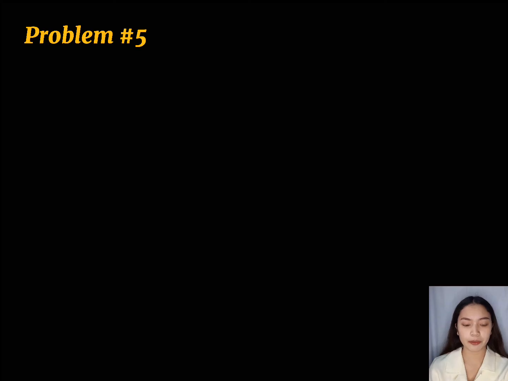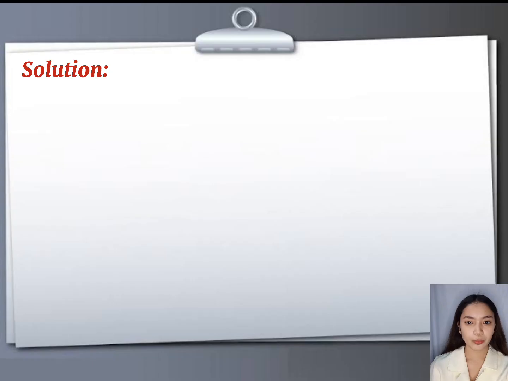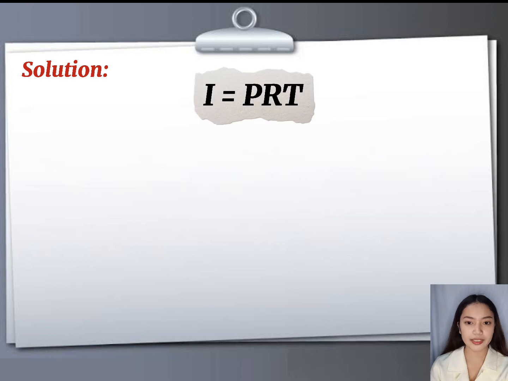And to our last problem: Melissa deposited $12,500 in her bank account where it will earn 4% interest. How much interest will Melissa earn in 5 years? We are asked to find the interest, or the I. Write the formula I is equal to PRT.